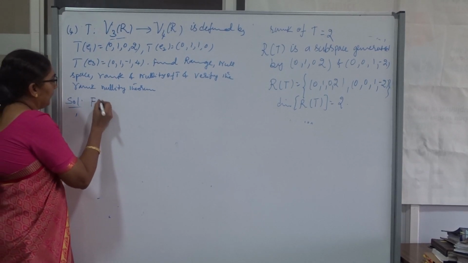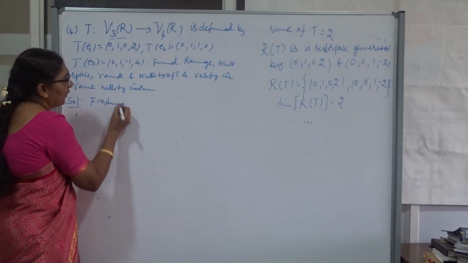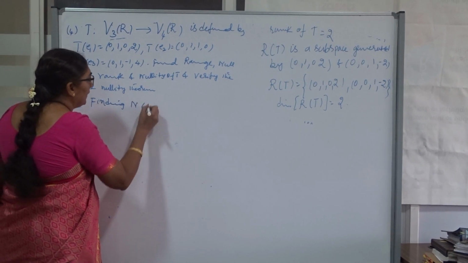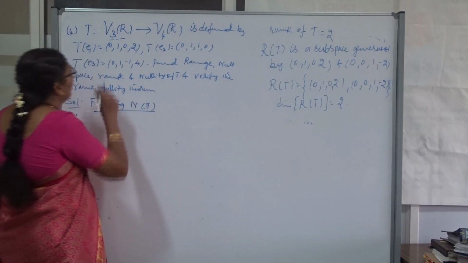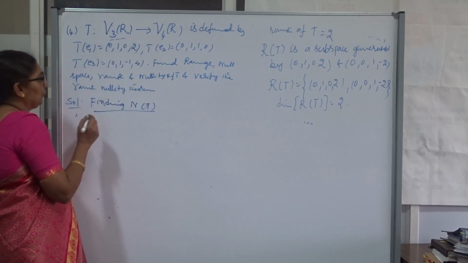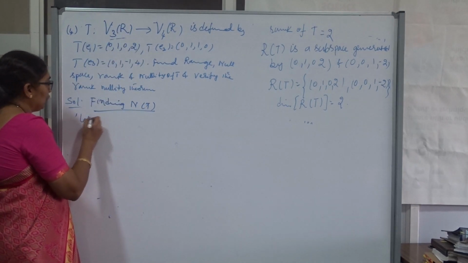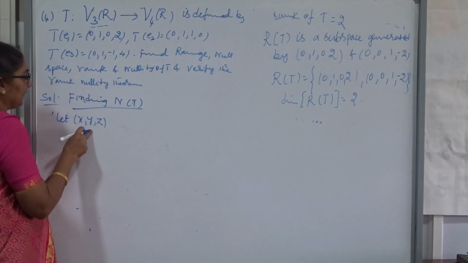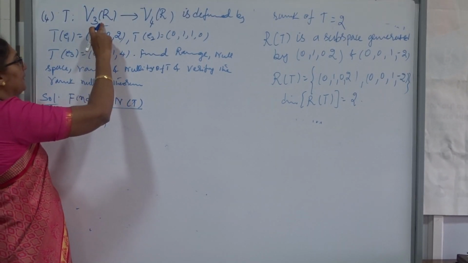Now we have to find the null space. We already found the dimension of R of T. What does finding N of T mean? Observe carefully here. It is mapping 3 dimensional to 4 dimensional. Therefore, let us choose one vector. That vector has how many components? The dimension is 3, because N of T is a subset of the domain.